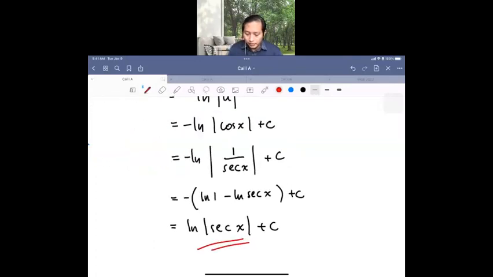If you feel confused on why we can do this, this is precisely okay.